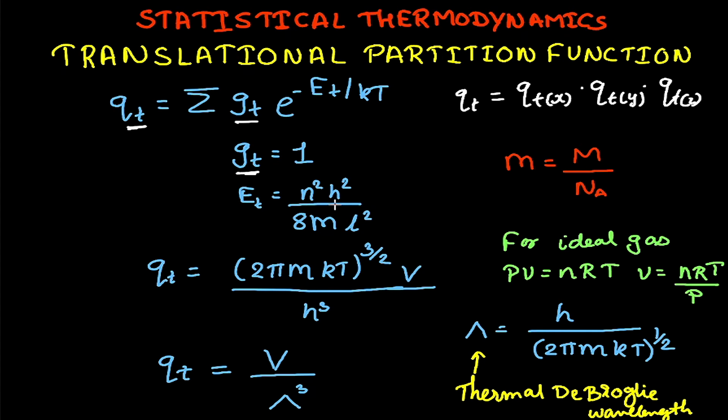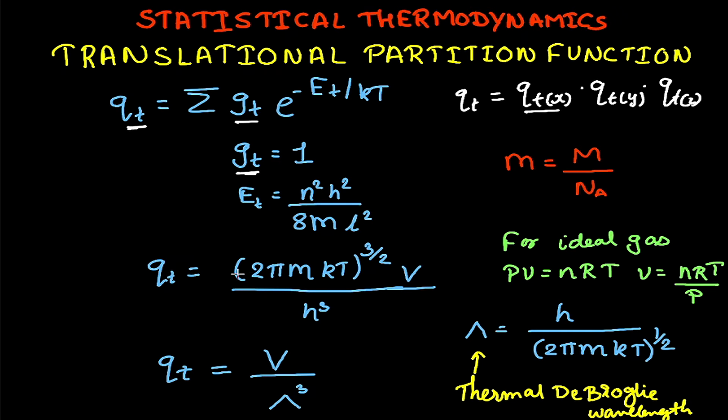When we substitute the energy and convert the summation into an integration and solve it, we get the partition function along any single direction, and then multiplying all of them, we obtain the partition function along all three directions.